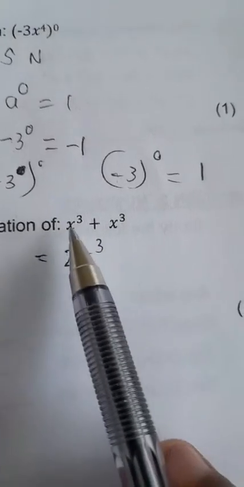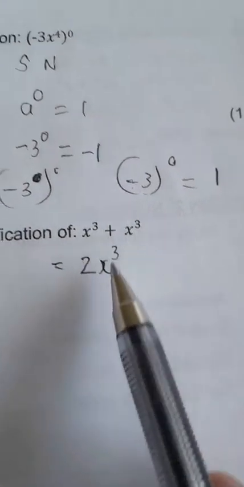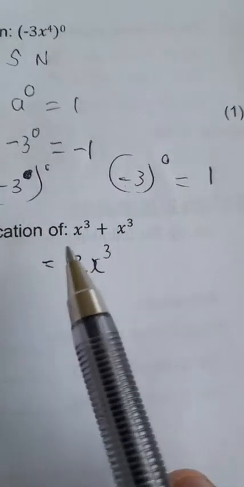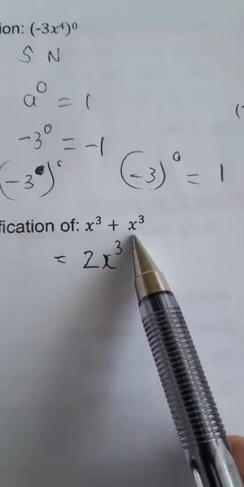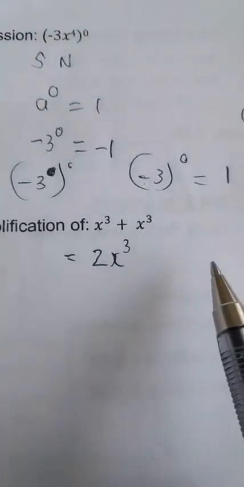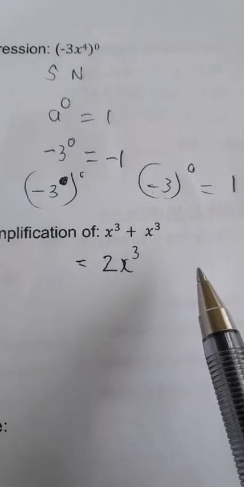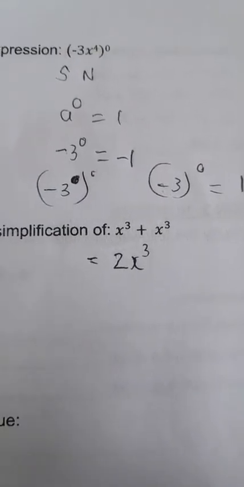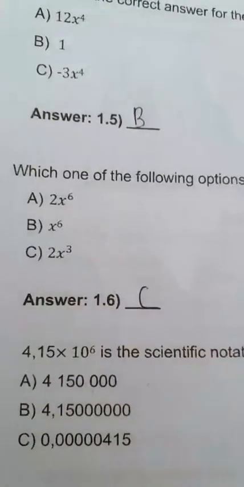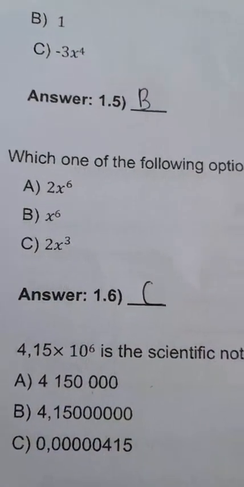No. When we are adding like terms, we keep the variable and its exponent as it is, and then we add the coefficients, or we subtract the coefficients. Please, people. Okay? All right. So hopefully that is clear for all of us. All right. So the answer here is actually C, 2x to the power 3.